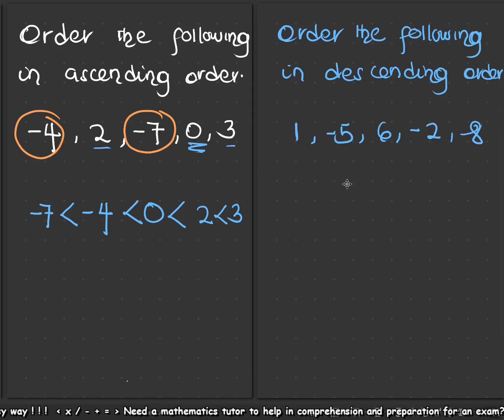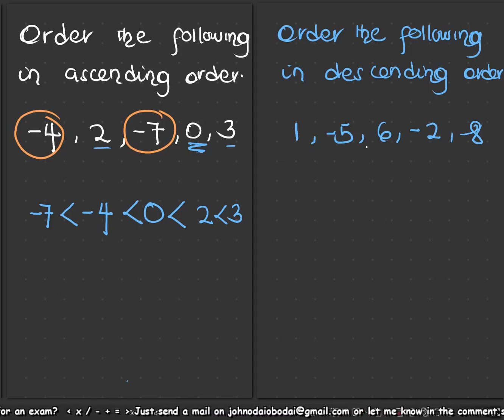So let's look at our second example here, which might probably be our last. It says order the following in descending order. When we talk of descending order, then we mean from the biggest to the smallest.